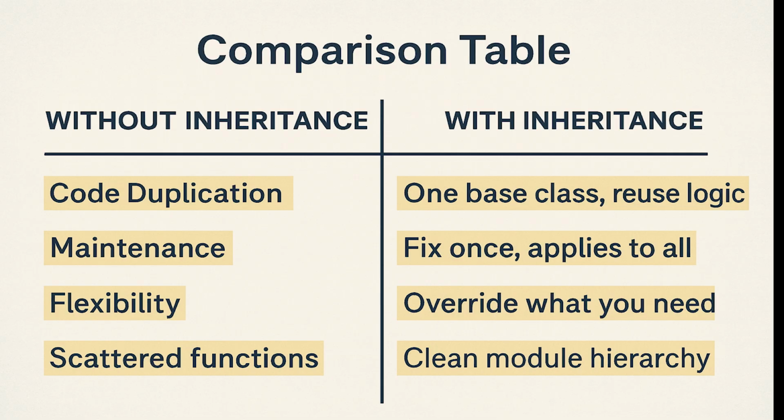Without inheritance, every time we want a new sensor type, we copy and paste the same logic. That means tons of duplication, fixing bugs in five different places, and a messy structure that is really hard to manage. And that's what happens in real projects. Systems grow very fast, and suddenly your code turns into a maintenance nightmare.